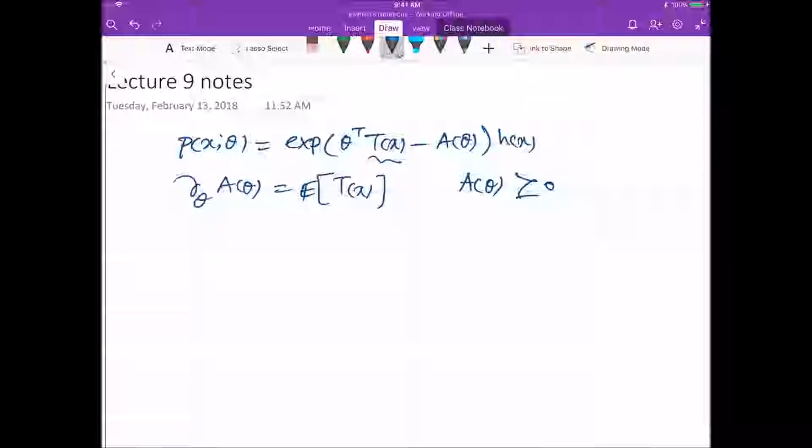We also talked about the generalized linear model. We drew this graph of parameters and features.